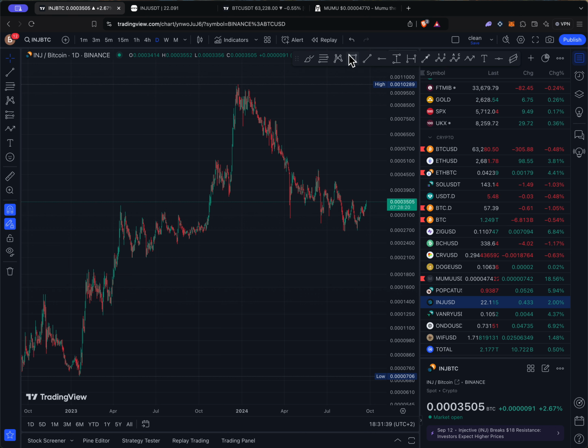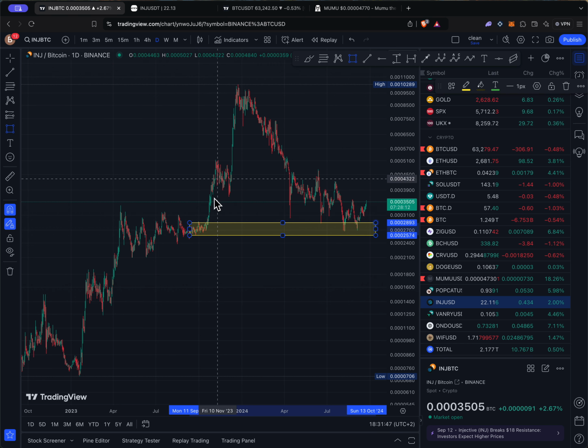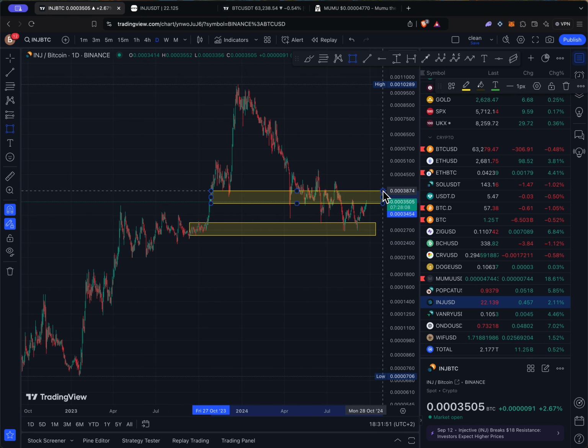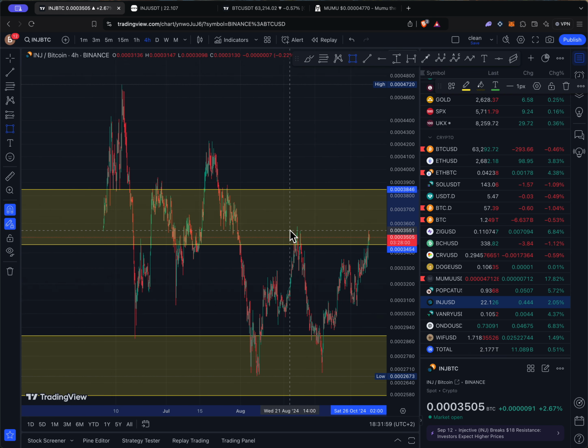Because we have, this is a very good order block. Then we have here, on a lower time frame, another order block. If I go on the 4 hour, I can see better.